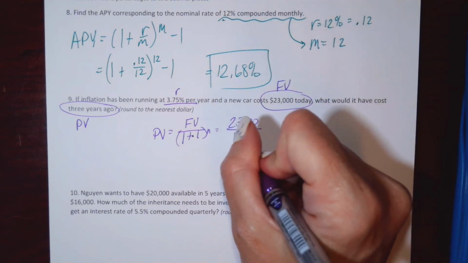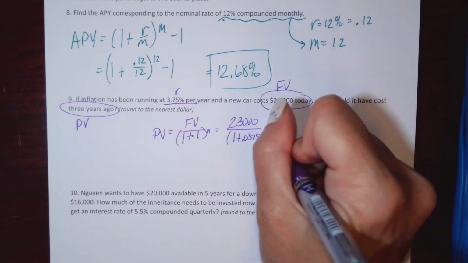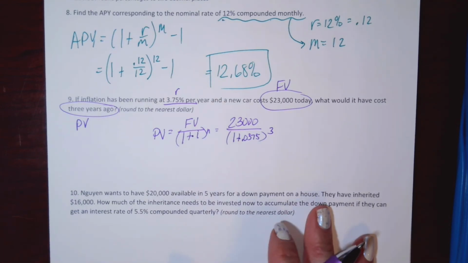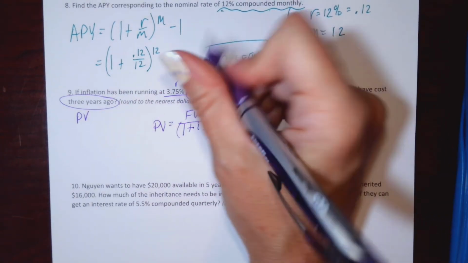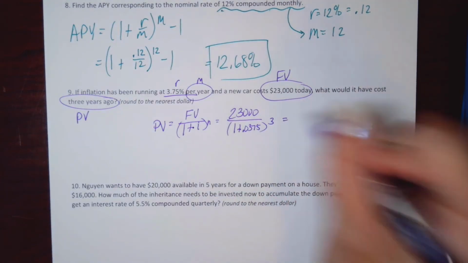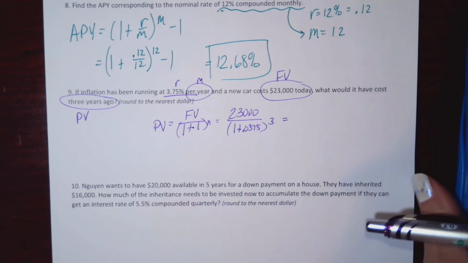So we've got 1 plus 0.0375, 3 years ago. And inflation is annual inflation, per year. M is per year. I'm having a hard time today, guys. I apologize. So all of the interesting bits are going on in our denominator.